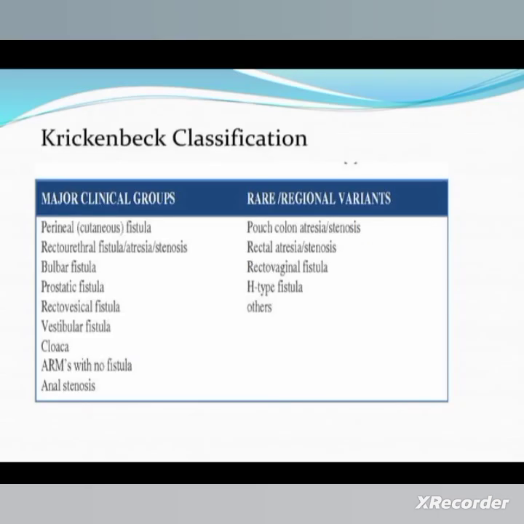Next one, Krickenbeck classification. Under the Krickenbeck classification, there are two types: major clinical group and rare regional variants. Just understand there is a major clinical group and rare regional variants.